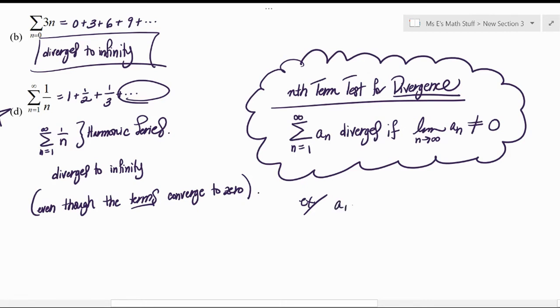You've got a first term plus a second term plus a third term, and then it keeps going. Well, basically what it's saying is out here, as you go to infinity, if the terms themselves are not approaching 0, then at the tail end, you're adding infinitely many values that are not 0.